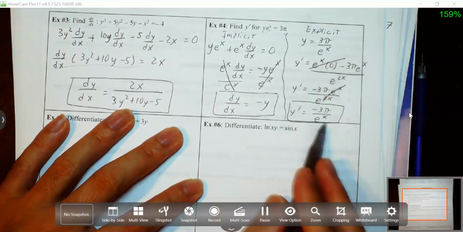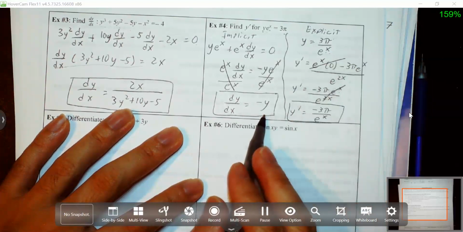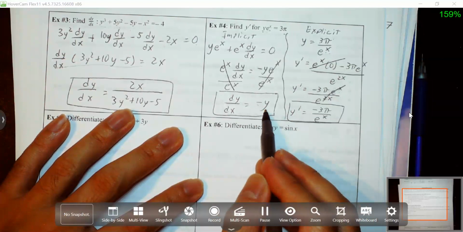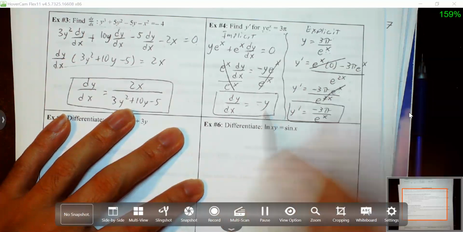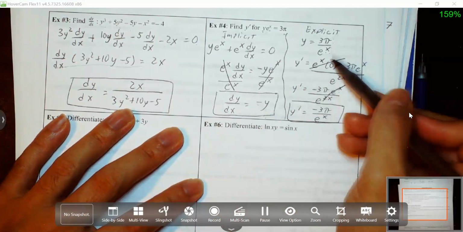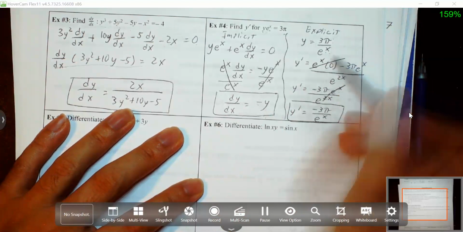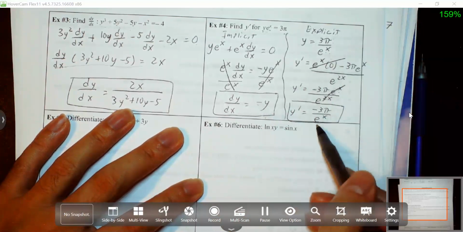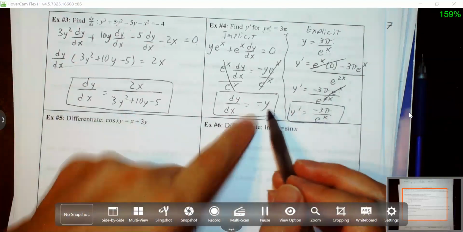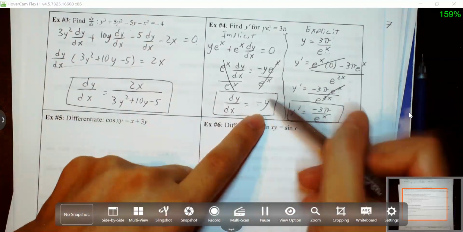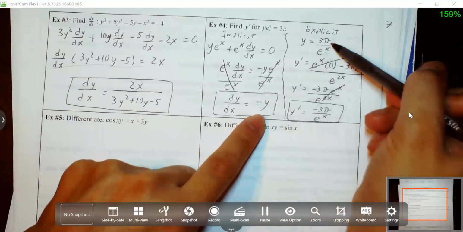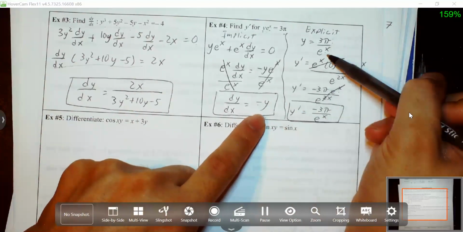And guess what? These are the same things. Because see how this is negative y? What is y equal to? It's 3 pi over e to the x. And so negative y is negative 3 pi over e to the x. So what we're doing when we do implicit differentiation is, whenever you see a y, what it really is, is a function of x.